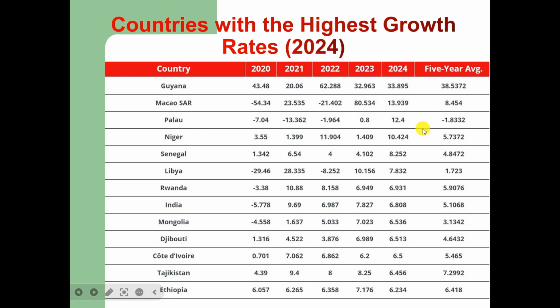For Niger this is 5.7. For Senegal 4.85%. For Rwanda 5.91%, and for India this is 5.1. There are some other countries. For Tajikistan this is 7.299%.